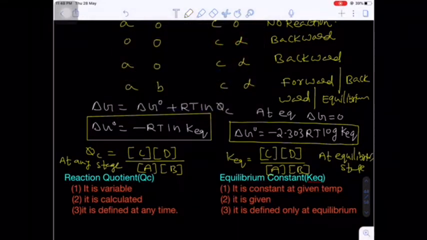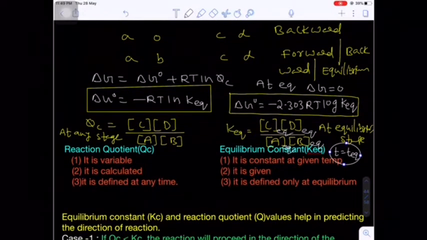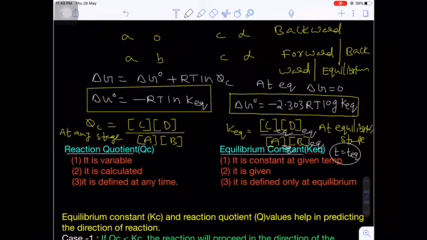Whatever concentrations we write, they are the concentrations under equilibrium conditions only. Are you getting my point? Now the time here is nothing but the equilibrium time interval. Other than the equilibrium time, this is the reaction quotient. Now the basic difference between the reaction quotient and the equilibrium constant.